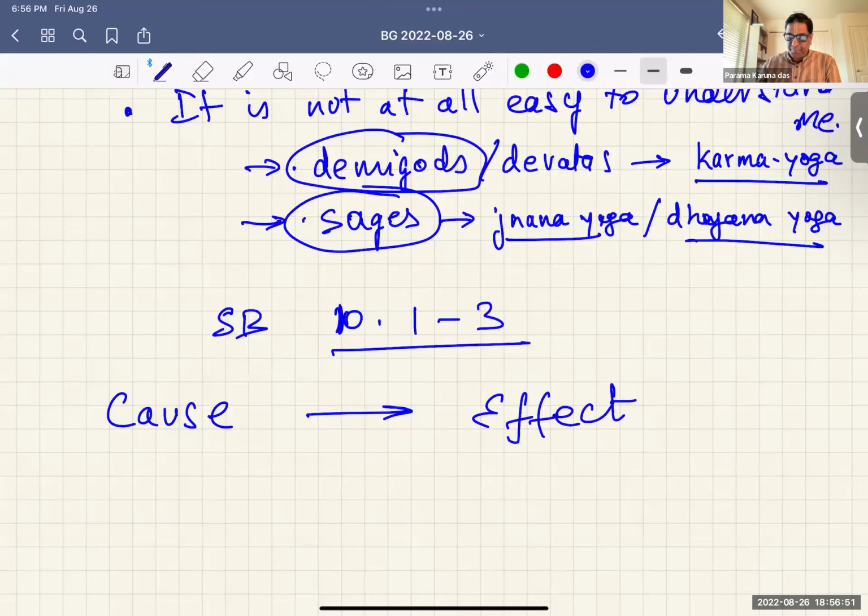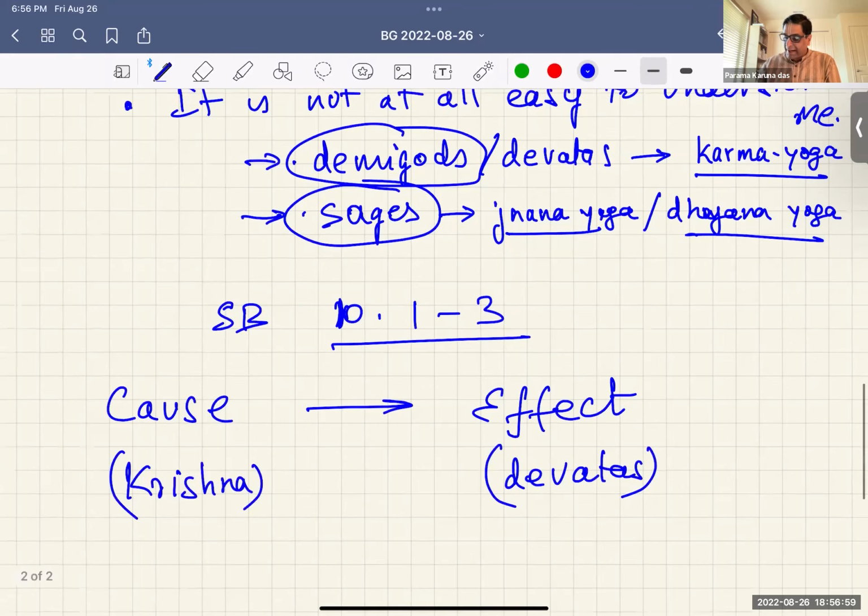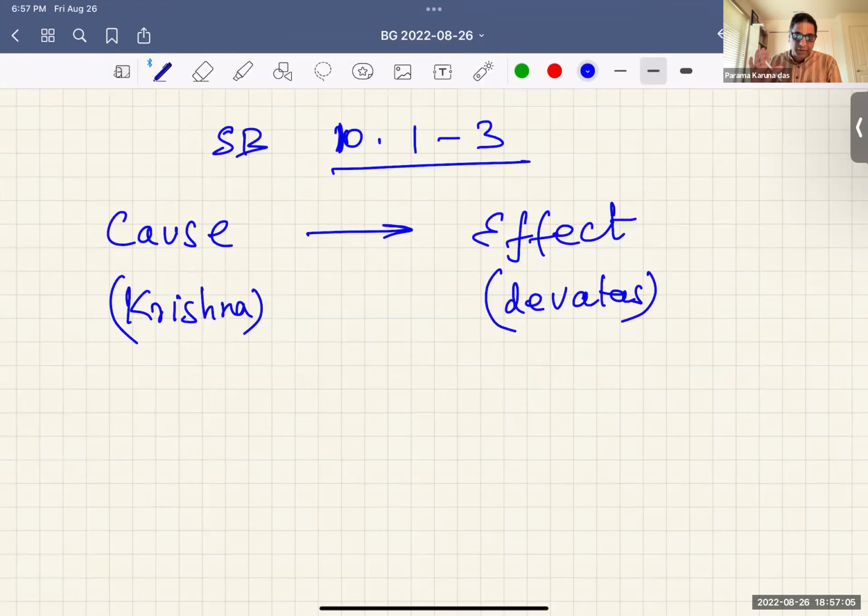So the devatas are the effect and Krishna is the cause. And from the effect, even in science, this is true. It is not possible to completely understand the cause. You can speculate about the cause. All scientists will say that.